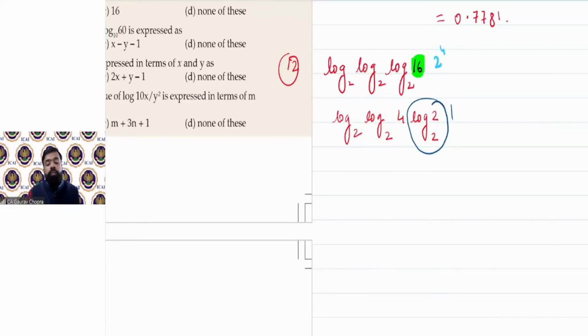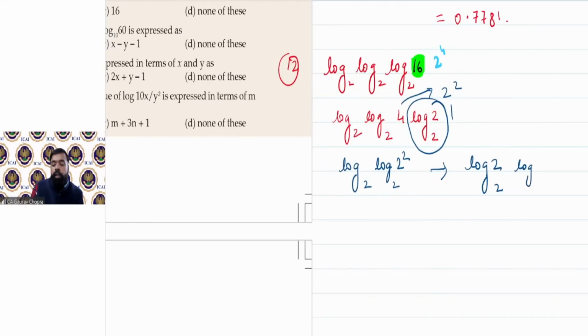Now we have to simplify 4. 4 can be written as 2 square. So log base 2, log base 2, and now it is 2 square. So this 2 will jump forward. So it will become log of 2 base 2, and here it is log 2 base 2. So this is equal to 1.